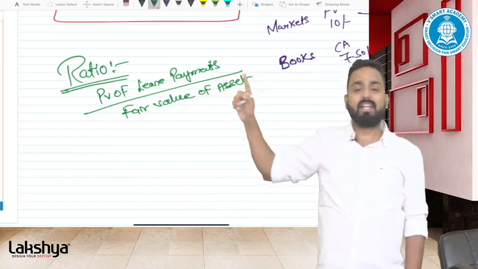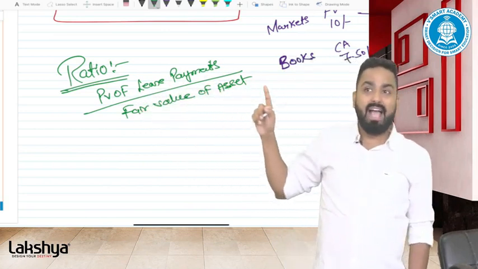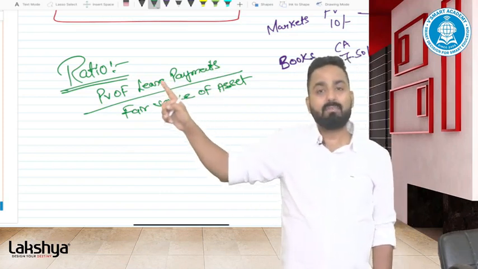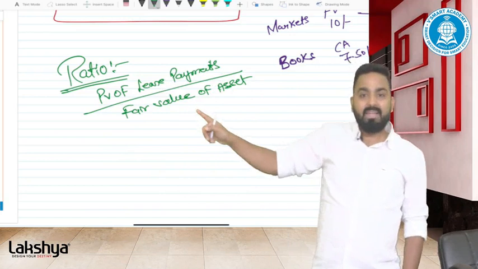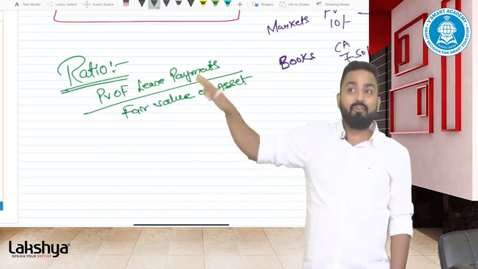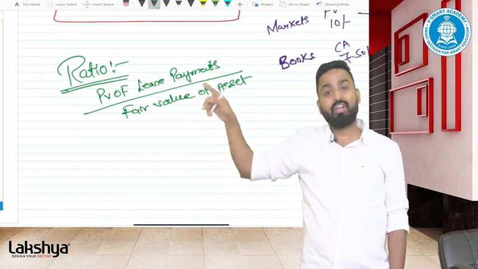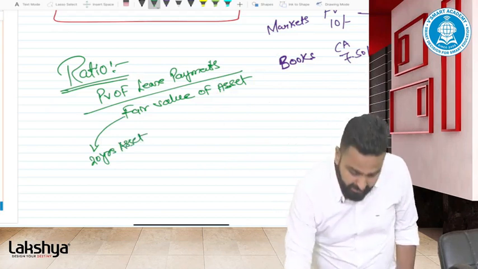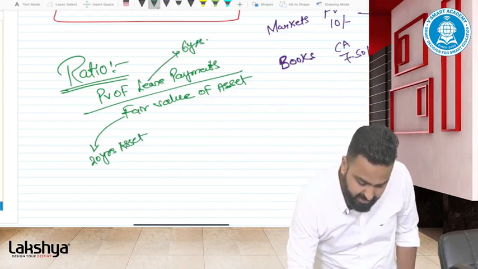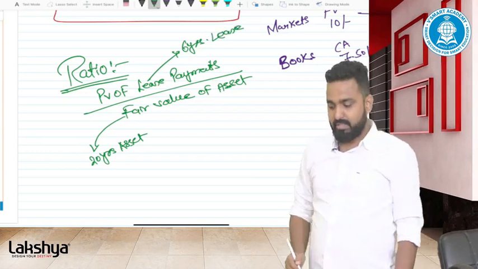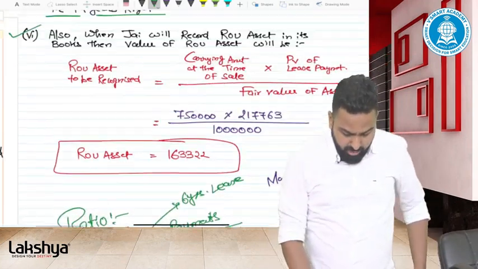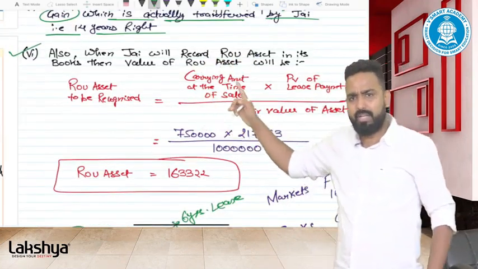The numerator represents the actual value of the lease, and it represents the 6 years lease. So, the logic is, now come back here.